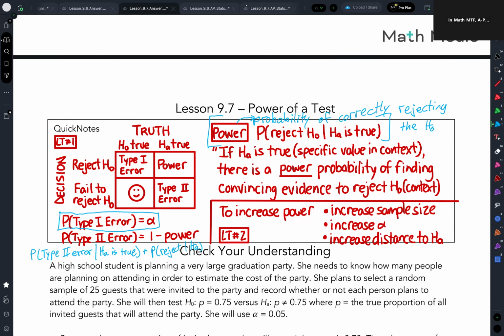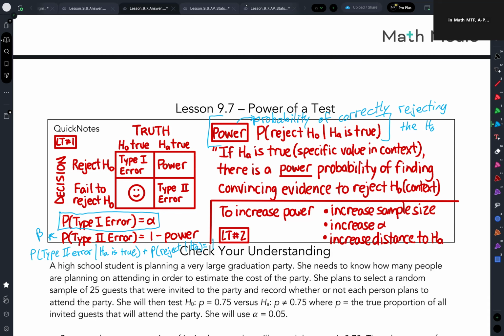Those are the only two options. When the alternative is true, those two things have to add up to one. So the power, the probability of rejecting when the alternative is true, is just 1 minus the probability of a type 2 error. Remember, we called that beta in class.